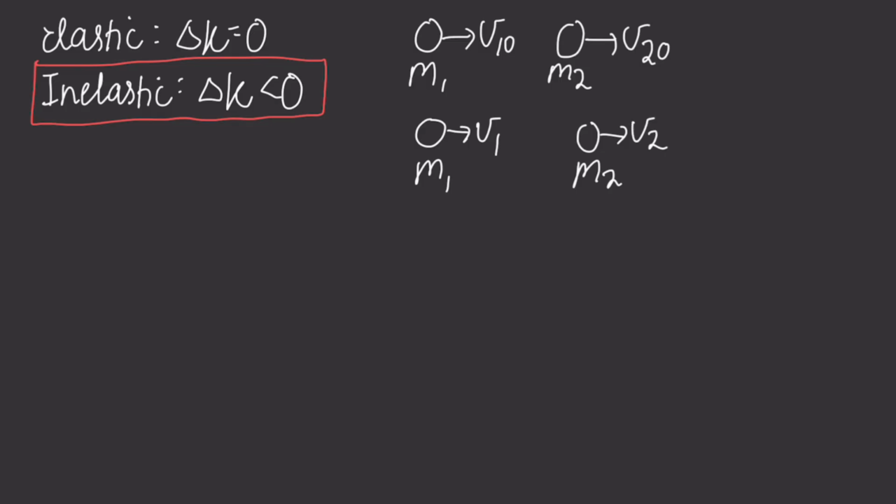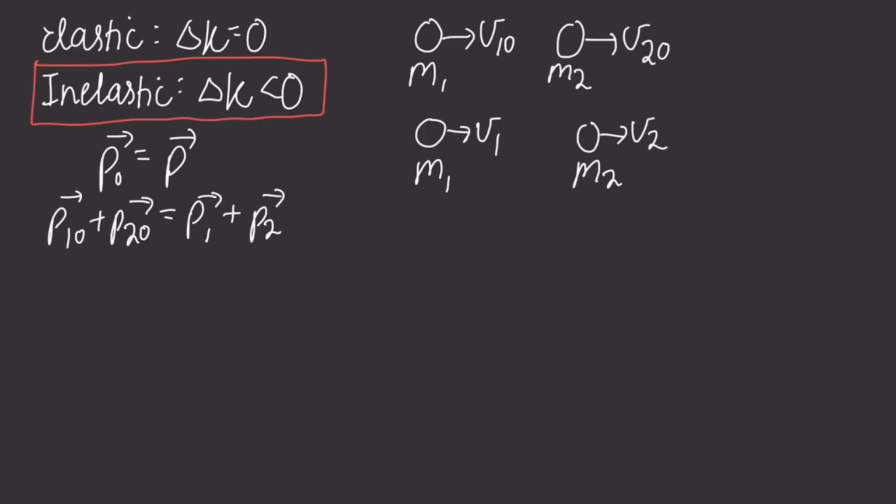velocity v2. So we know from a conservation of momentum video we had earlier that P naught must equal P final. So this is just the total momentum before the collision is equal to the total momentum after the collision. And we can write that as P1 naught plus P2 naught equals P1 final plus P2 final.